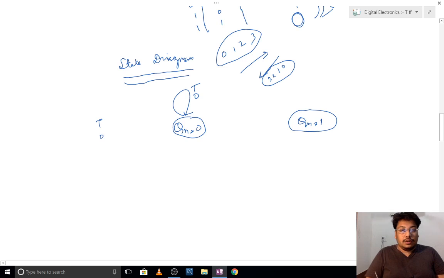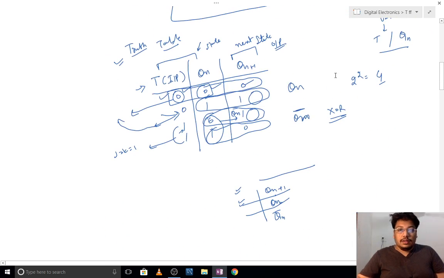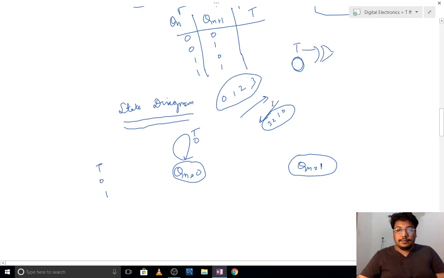T can be 0 or 1 and Qn can be 0 or 1. And if T is 0 and Qn is 1, the output is 1 because of Qn. Okay, so same funda will be here. T is 0 and output will be same because of Qn.